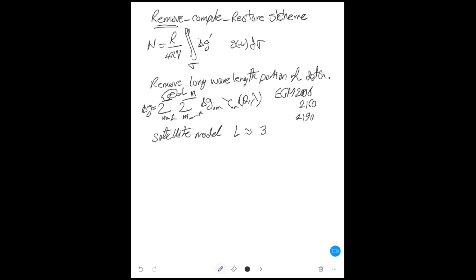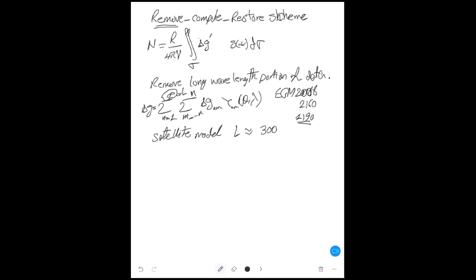But for the satellite-only models, it will be around 300. So the gravity anomaly computed using the gravity model via harmonic synthesis, to that specific maximum degree, can be subtracted from the data.